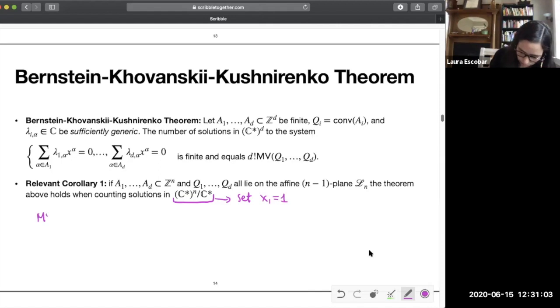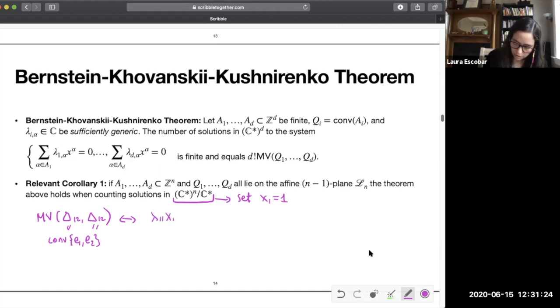Let's try to compute the mixed volume of delta 1,2 and delta 1,2. What is the system of equations associated to this? Remember this was the convex hull of e1, e2, and both of them are that. So the system of equations we get is lambda 1,1 x1 plus lambda 1,2 x2, and lambda 2,1 x1 plus lambda 2,2 x2, equal to 0, equal to 0.